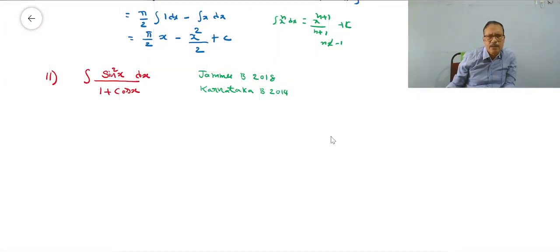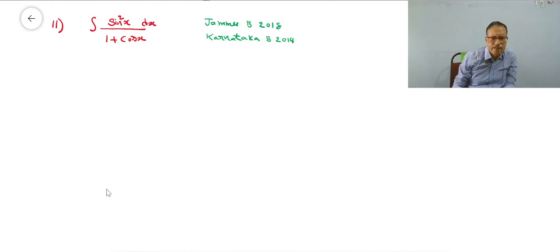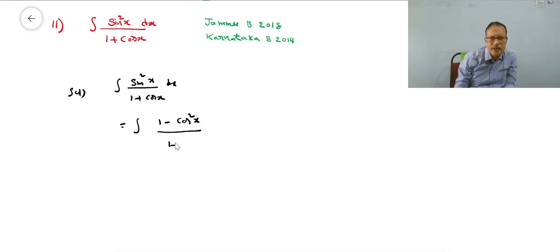Next one, 11th one. So integral of sin square x by 1 plus cos x dx. So this is equal to integral of, sin square x can be written as 1 minus cos square x, by 1 plus cos x into dx.